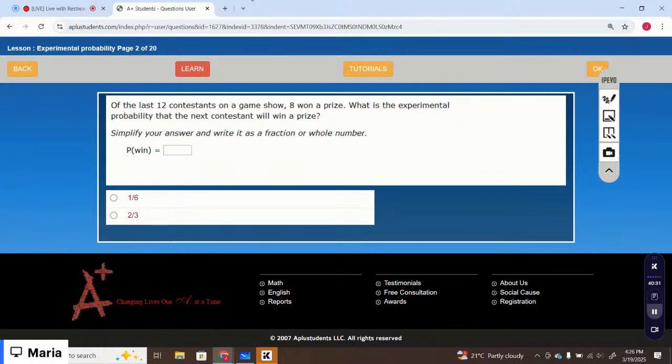That is 8 over 20, which equals 2 by 5. Option number 2 is the correct option.